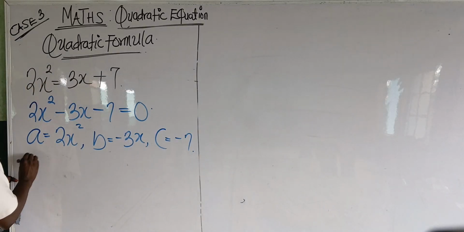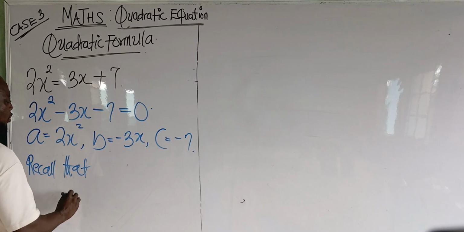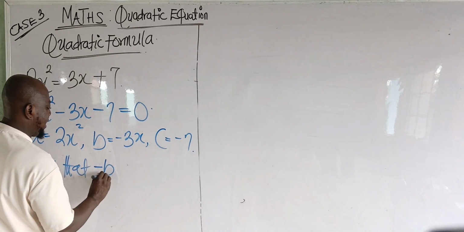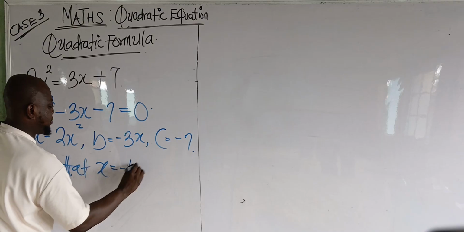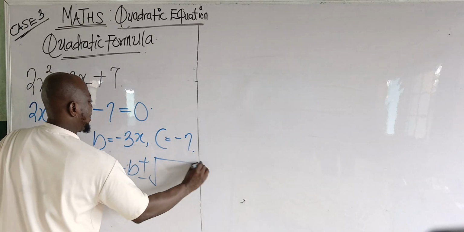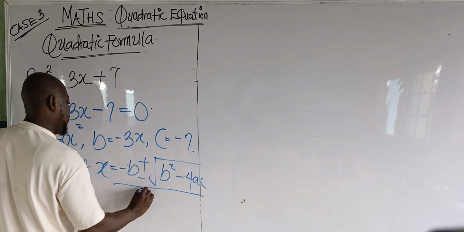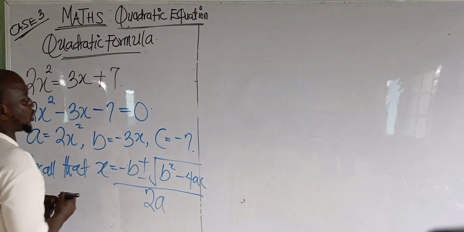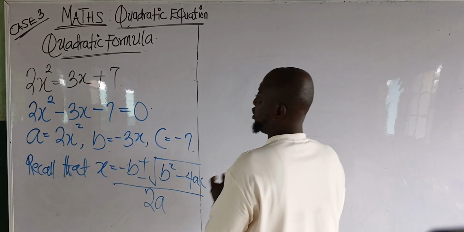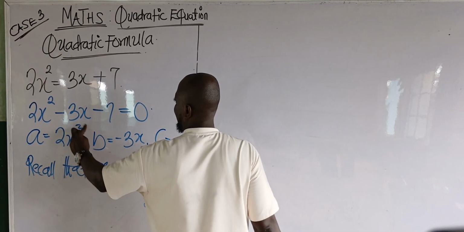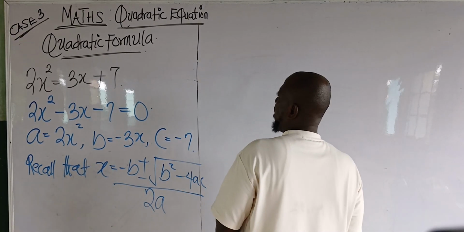Next, recall that the quadratic formula says x equals minus b plus or minus the square root of b squared minus 4ac, all over 2a. This is what we know. Now let's proceed. Anywhere we see a, we introduce 2. We don't need the x power 2 or x power 1; we only need their coefficients.